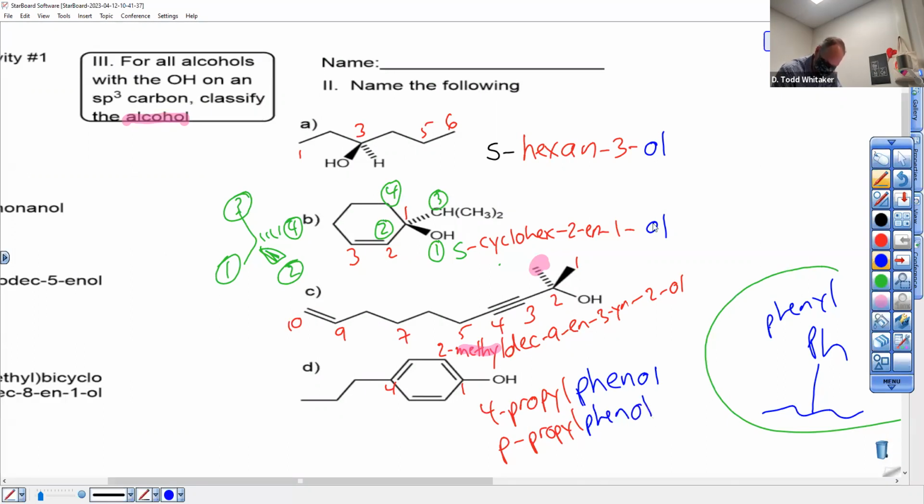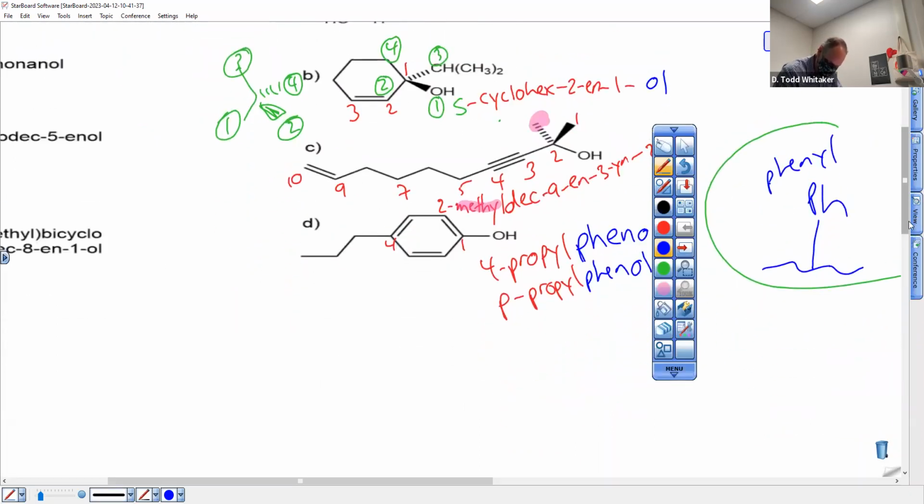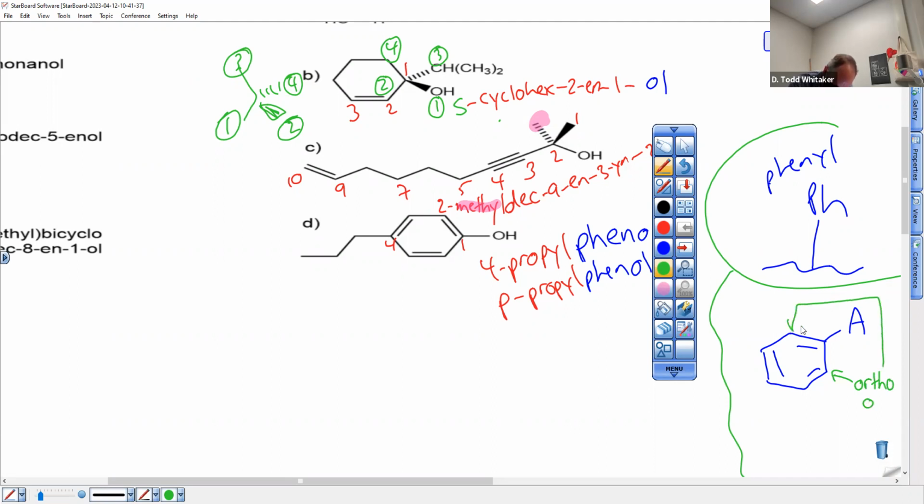So in disubstituted benzene, which they love putting on things like the PCAT, MCAT, DAT, they love those letters, the OMP letters. If I have a benzene with a group on it, a group being group A, then this position here is called ortho, short form O, as is this position.